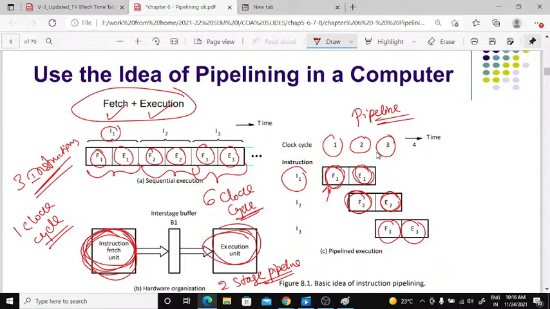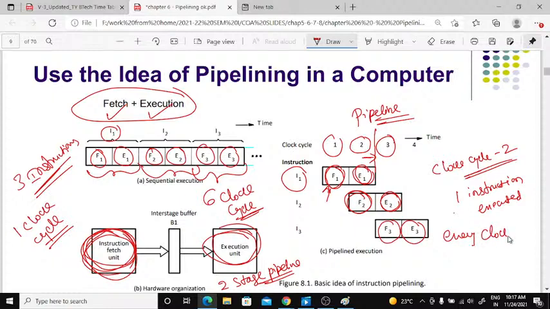So you can observe here in the two-stage pipeline, at the end of clock cycle 2 one instruction is executed. After that, in every clock cycle one new instruction is executed.